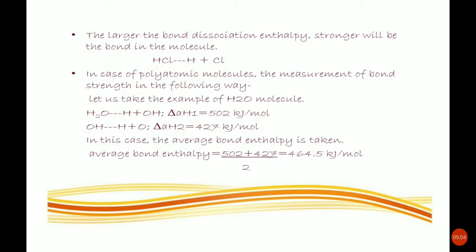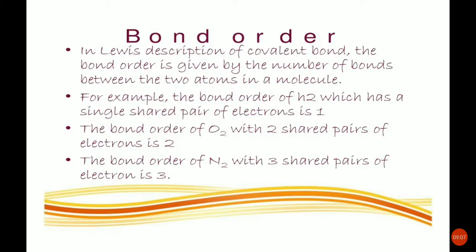Clear? Now bond order. In Lewis' description of covalent bond, the bond order is given by the number of bonds between the two atoms in a molecule. It is a very simple concept. Bond order is nothing but the number of bonds between two atoms in a molecule.